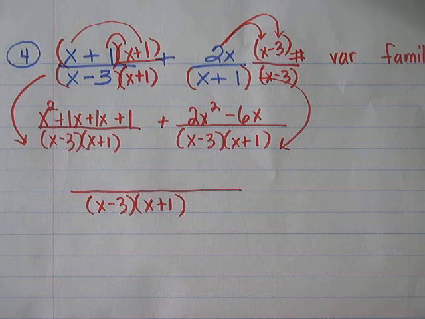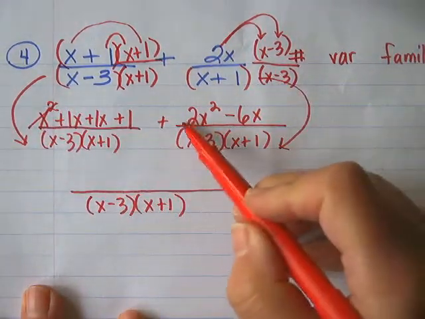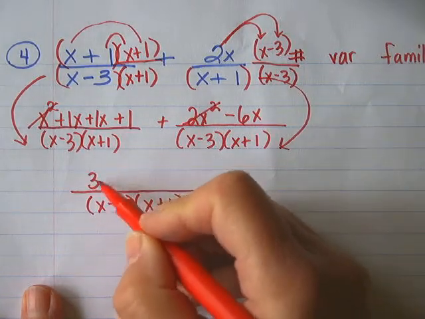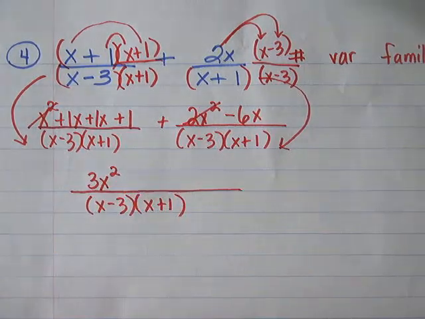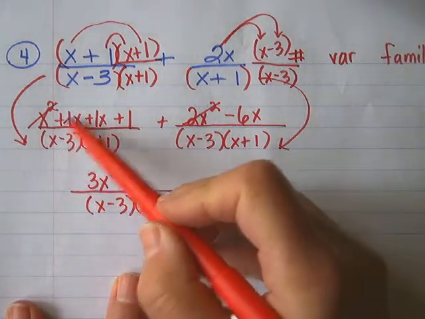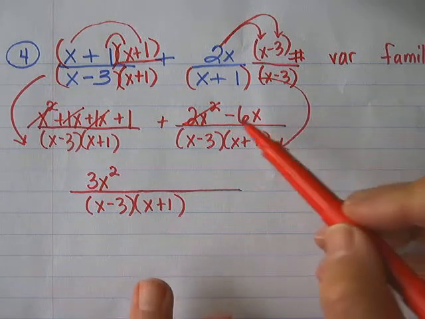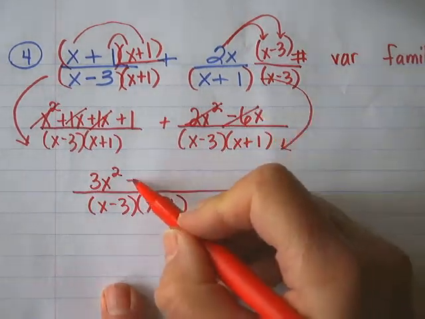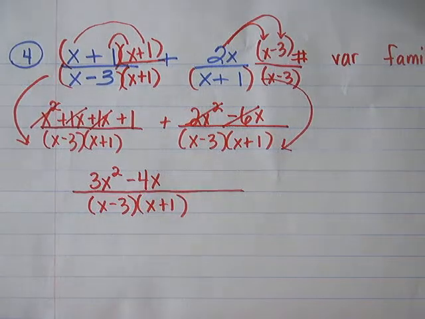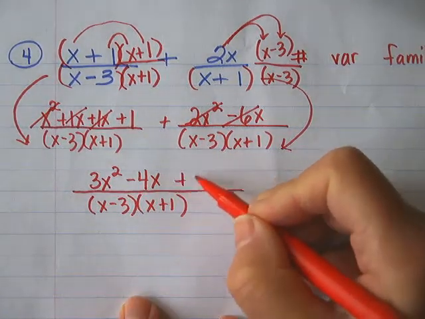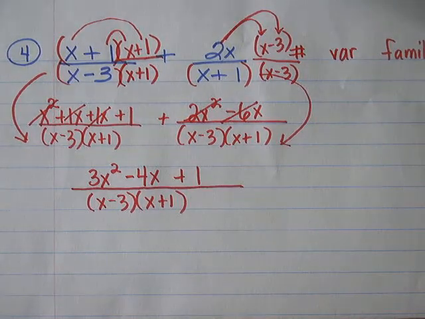So if I have an x squared plus a 2x squared, I'm going to have 3x squared. And then over here I have 1x and 1x is 2x, and 2x minus 6x is negative 4x, plus 1. Okay, so I have 3x squared minus 4x plus 1.